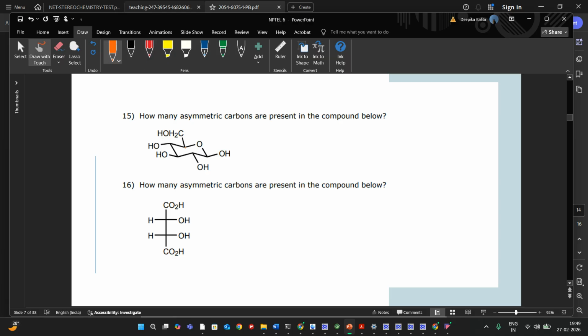In the first one, this will be the one, this is the second one, this will be the third one, and this will be the fourth one, and this will be the fifth one. Hence, there will be 5 asymmetric carbons present in this molecule.